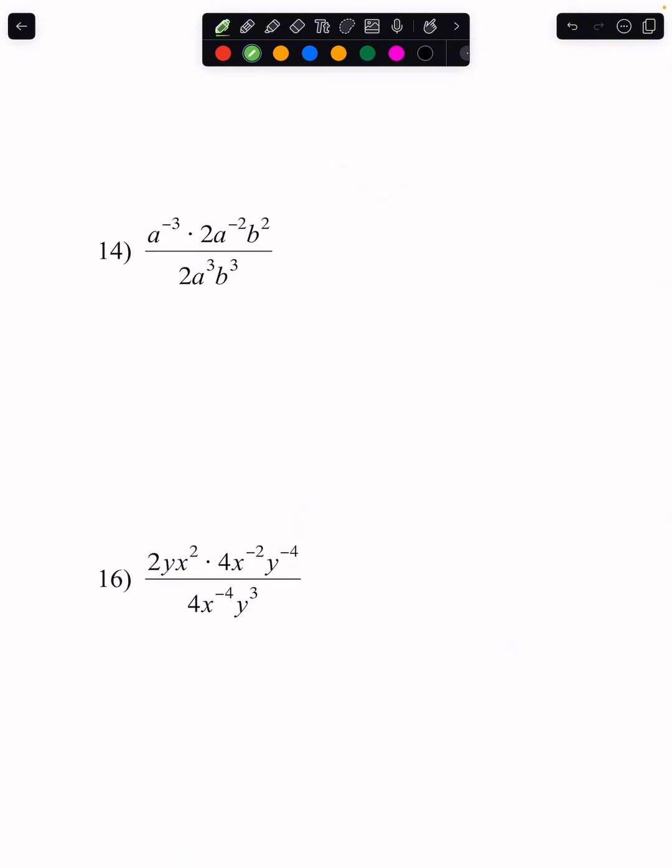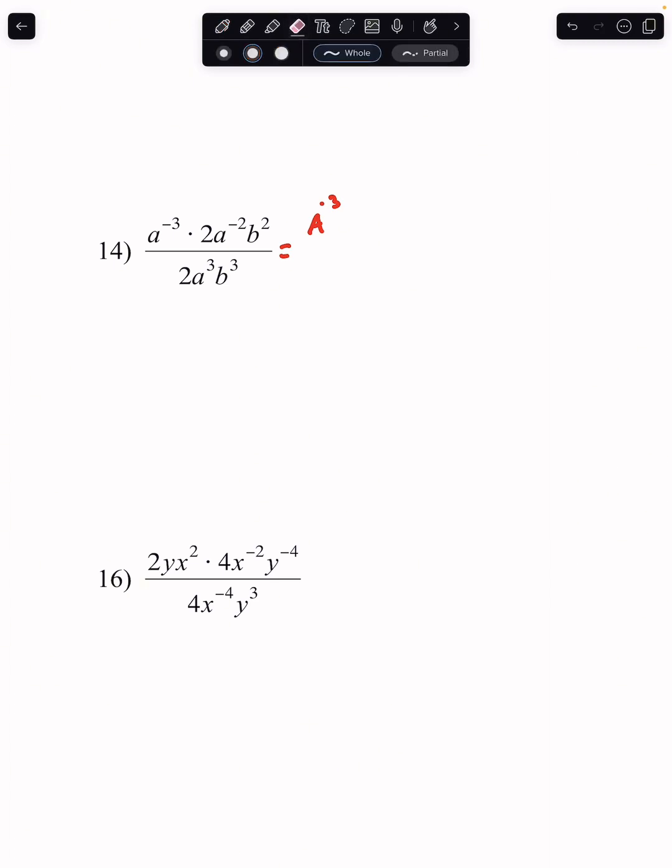So what I would recommend that you do is you take care of the top, the numerator, and you take care of the denominator separate, and then you do the work. So first things first, this is a to the negative 3.